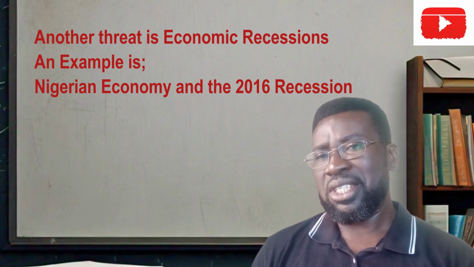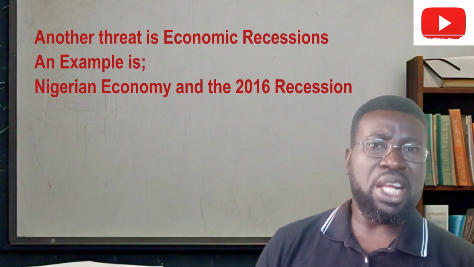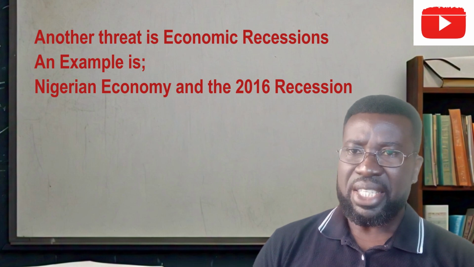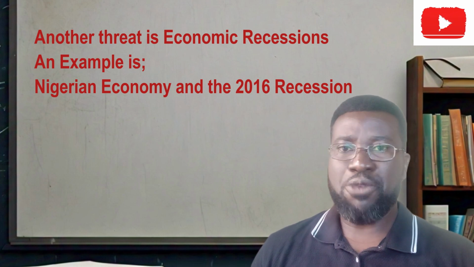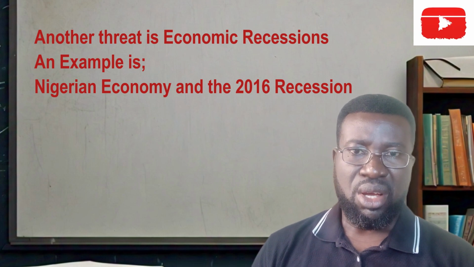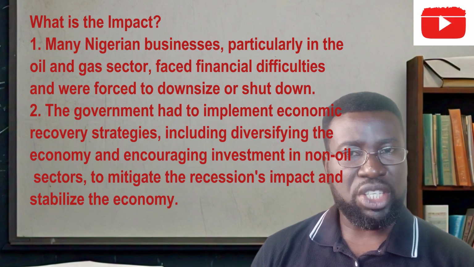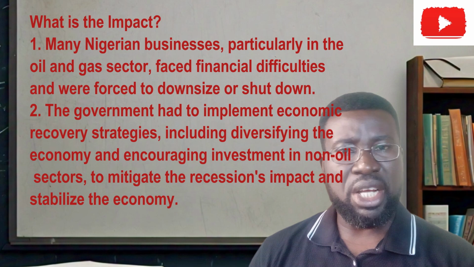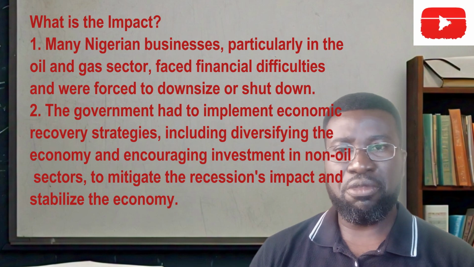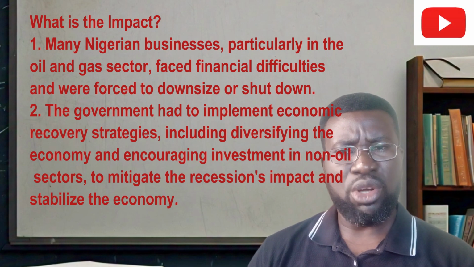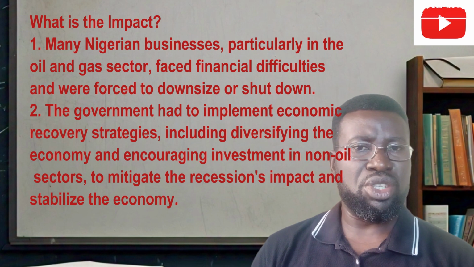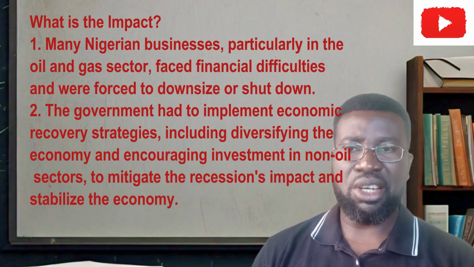What was the impact? Many Nigerian businesses, particularly in the oil and gas sector, at that time faced financial difficulties and were forced to downsize or shut down. The government had to implement economic recovery strategies, which included diversifying the economy and encouraging investments in the non-oil sector to mitigate the recession's impact and stabilize the economy.